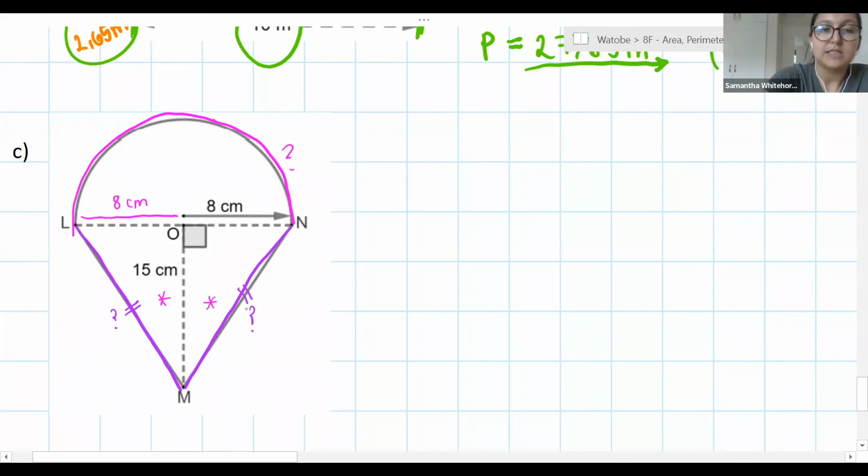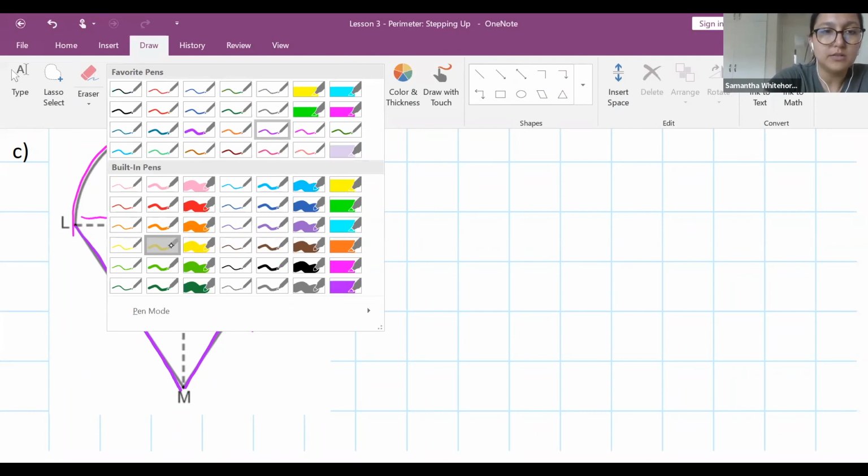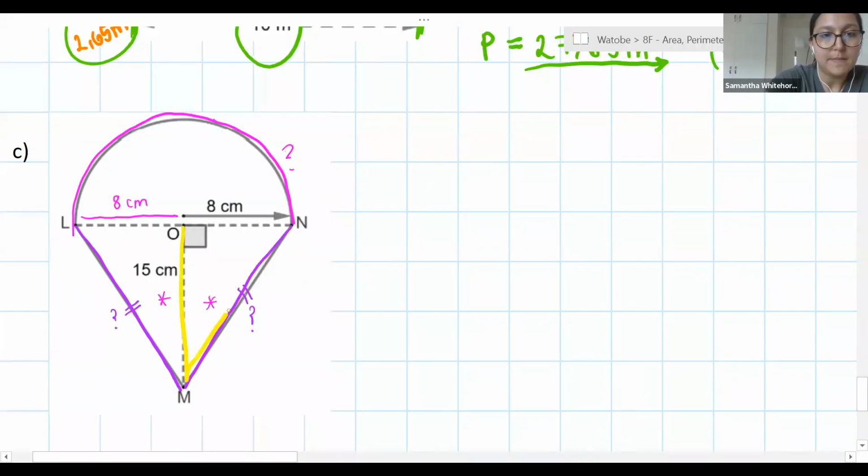And as Dylan has said, because I have got a right-angled triangle, which I can see here, and because I know angles on a straight line give me 90, and so I've got two right-angled triangles, I can go and use Pythagoras. So I'm going to give you guys a minute to use Pythagoras to work out this length of MN, which thereby gives us the length of LM.